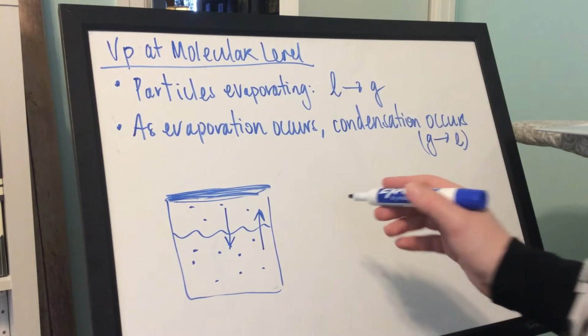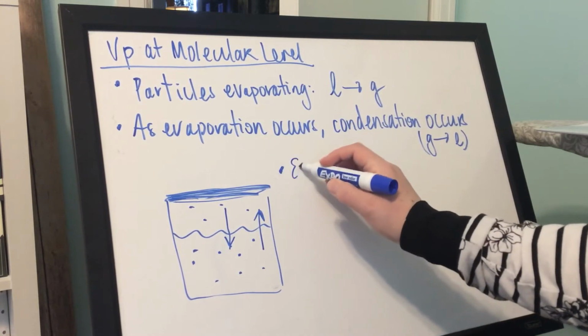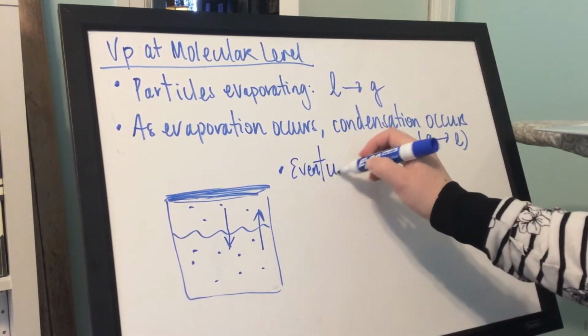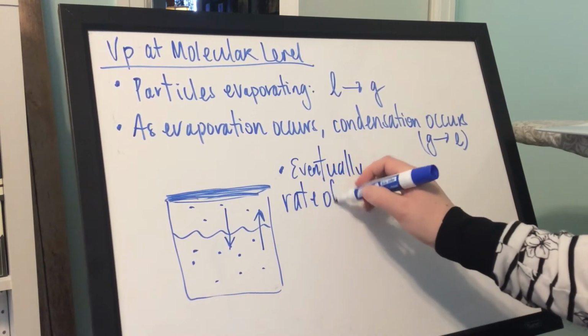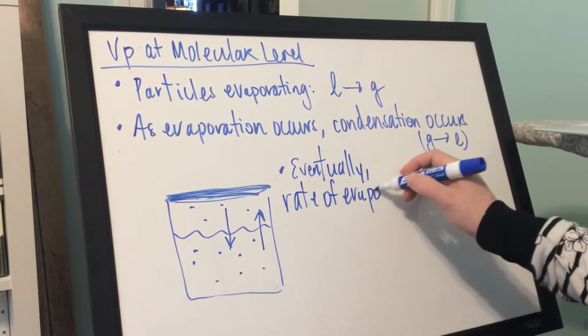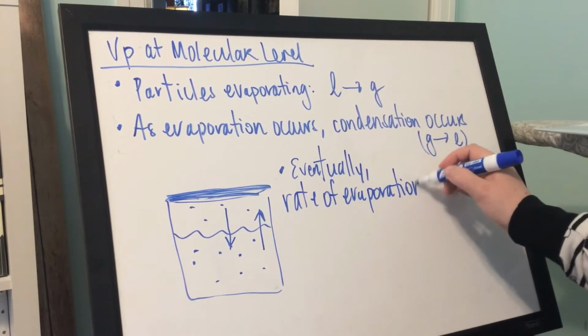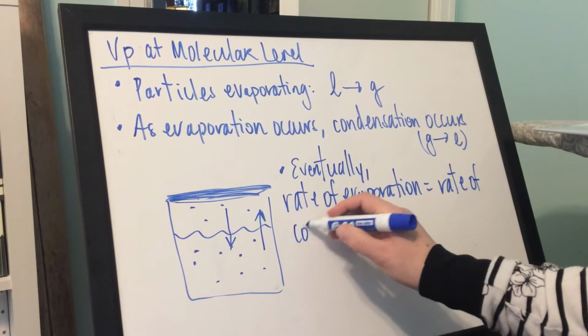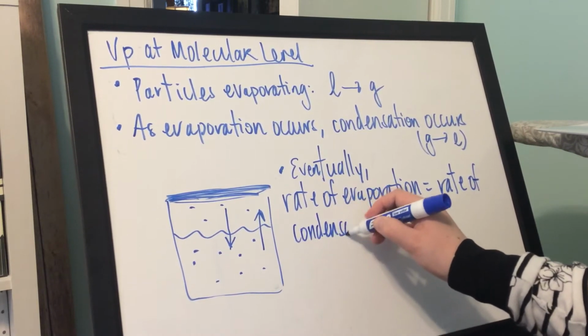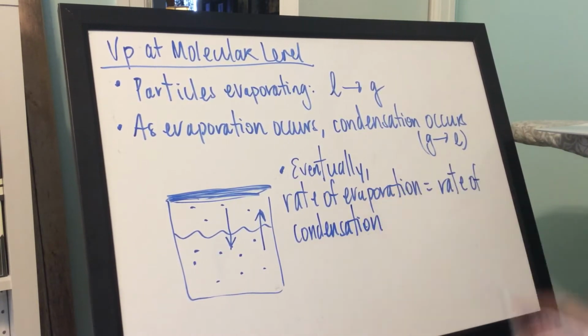So eventually, and that's important because it's not immediately, the rate of evaporation equals the rate of condensation. Which basically means the number of particles that are evaporating is equal to the number of particles that are condensing.